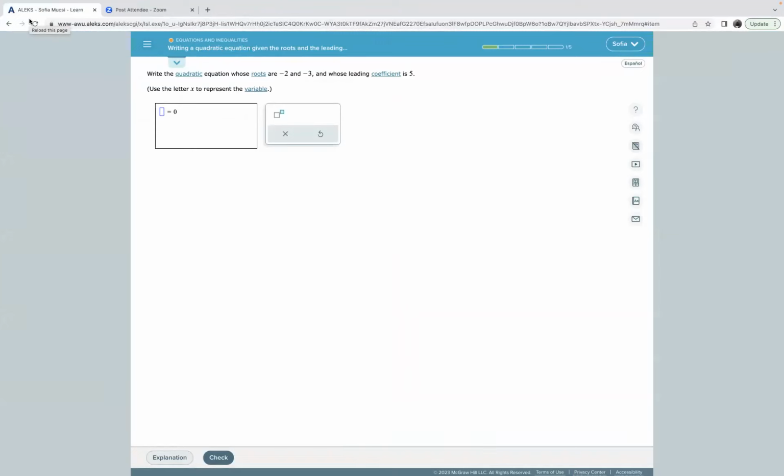Very good. Yeah, and then FOIL: 3x plus 2x plus 6. And then I get 5x squared plus 25x plus 30. Okay, I got the same thing. Sounds good.